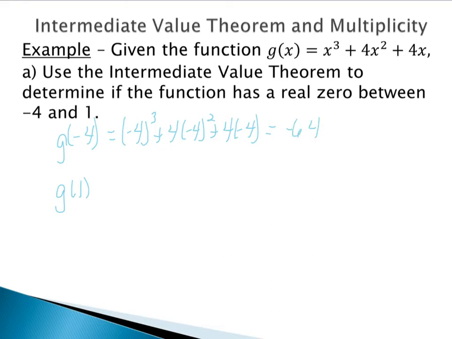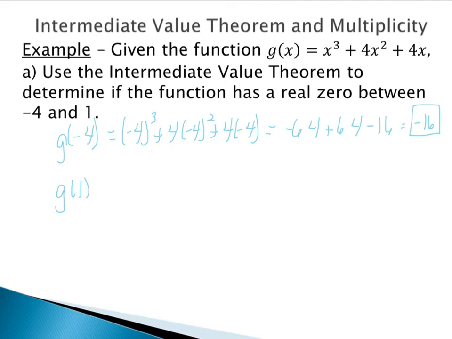Doing our order of operations, -4 squared is a positive 16, and a positive 16 times 4 is a positive 64. On our last term, 4 times -4 is -16. Well, -64 and 64 cancel out, so g of -4 gives us -16.